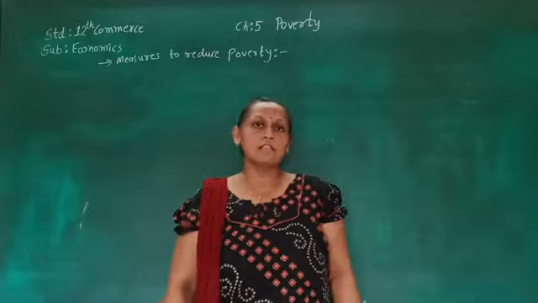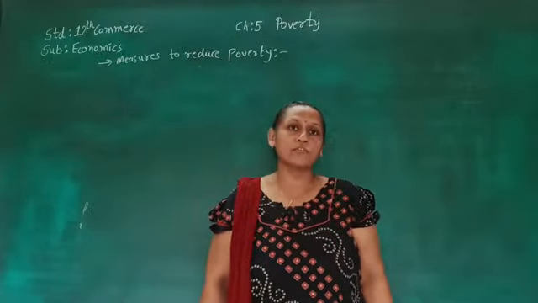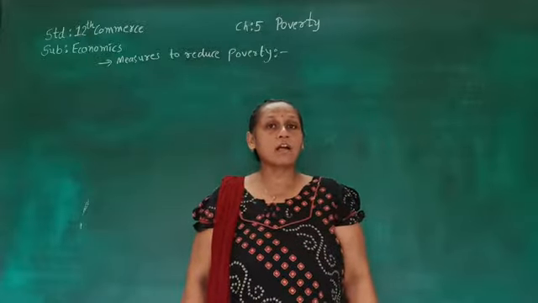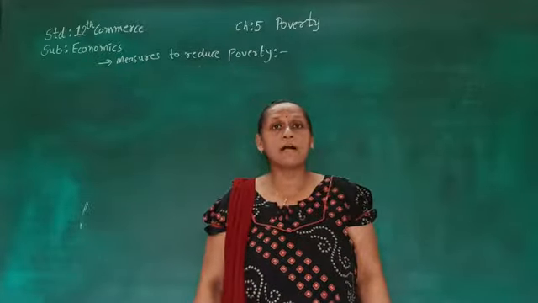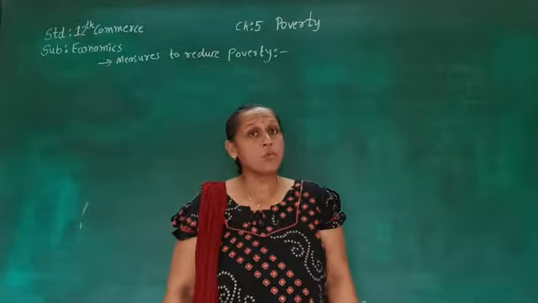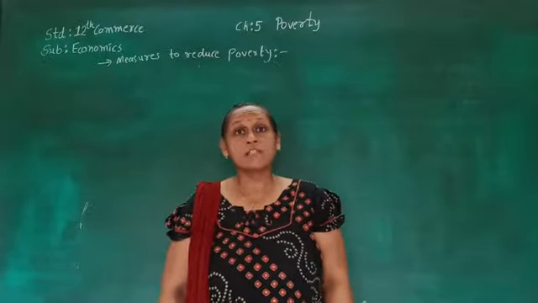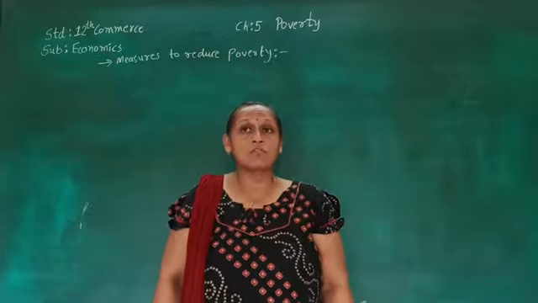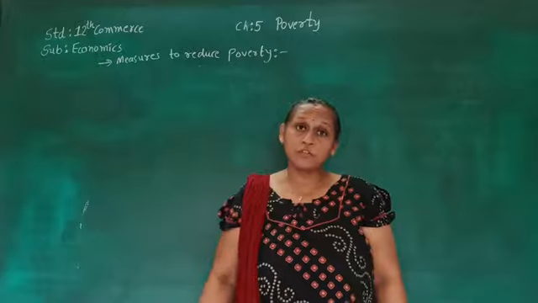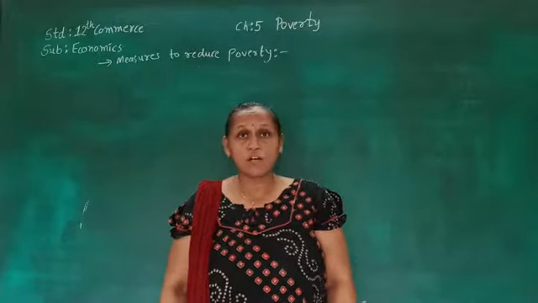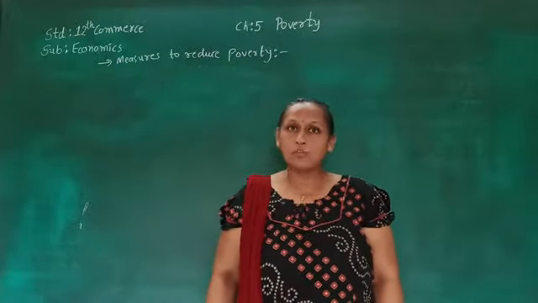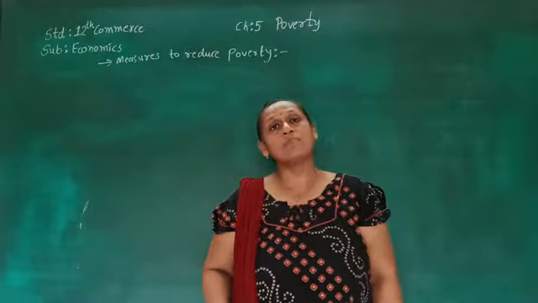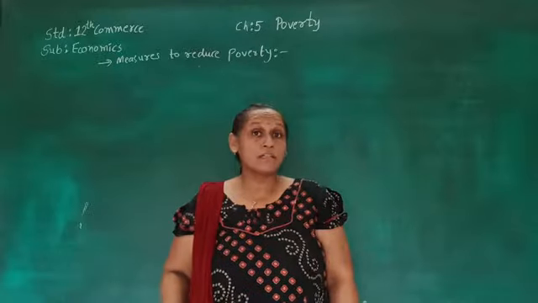Our last measure to reduce poverty is the Jan Dhan Yojana, under which, in the Pradhan Mantri Jan Dhan Yojana, a bank account was opened with zero balance. So the poor people can open a bank account, and the subsidy given to them was given through the bank account. The objective of this Yojana was to hit the root of poverty, so that poor people can directly take the benefit of the subsidy.